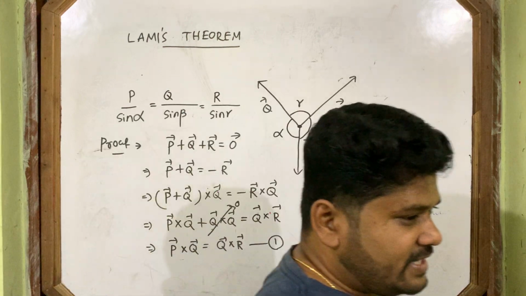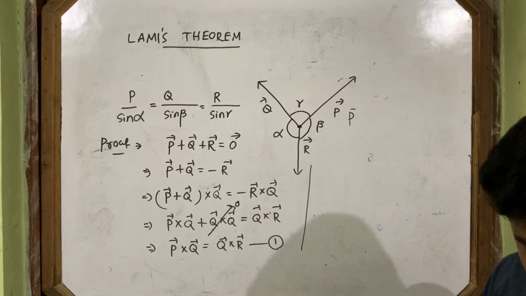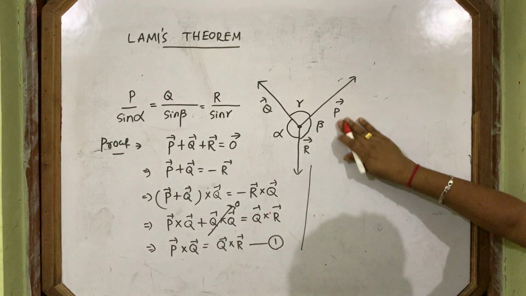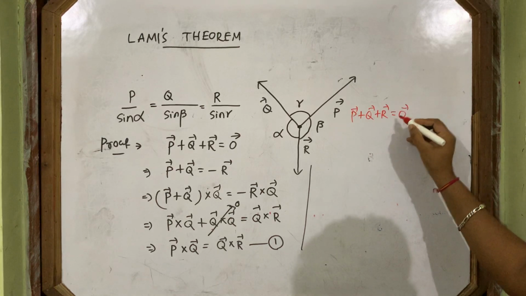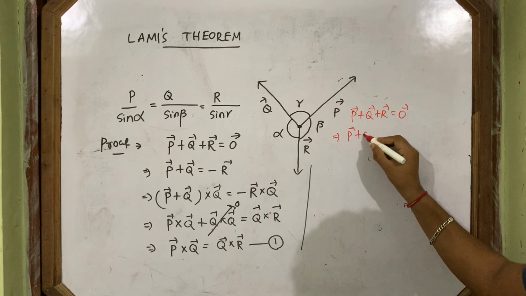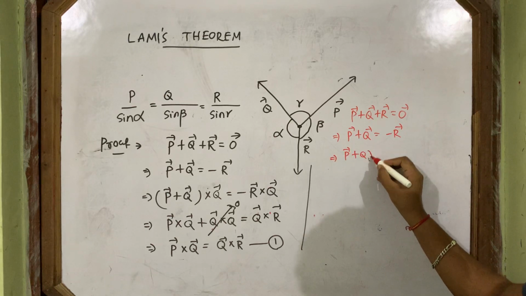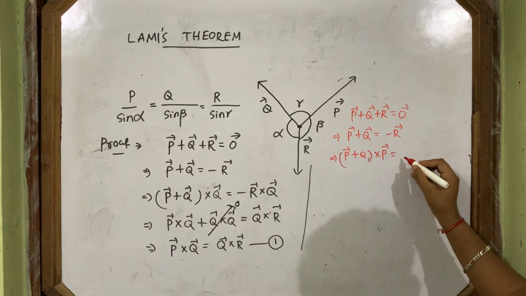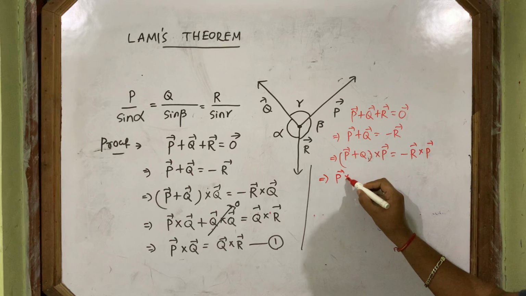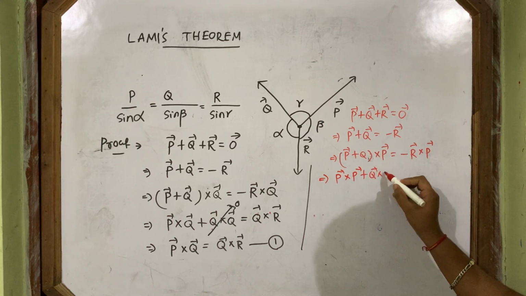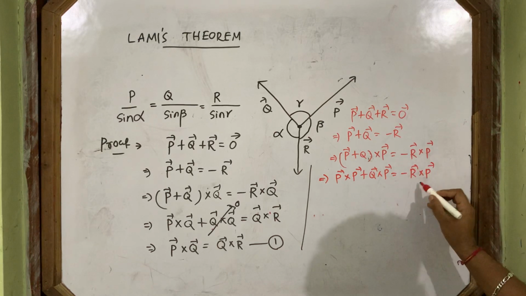Keep it. Then again come to P plus Q plus R is equal to 0. So it implies that P plus Q is equal to minus R. So you do cross with P: P plus Q cross P is minus R cross P. So it implies P cross P, I open the bracket, plus Q cross P is equal to minus R cross P. I kept the minus sign like this because already it is in order.